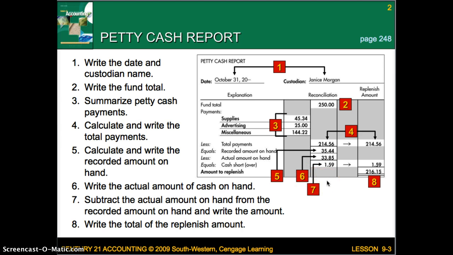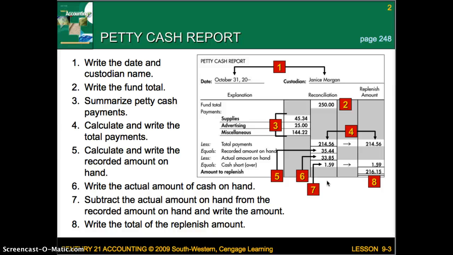Okay, and you need to memorize which way is which. Okay, so it says errors may be made when making payments from a petty cash fund. These errors cause a difference between the actual cash on hand and the record of the amount of cash that should be on hand. A petty cash on hand amount that is less than the recorded amount is called cash short.